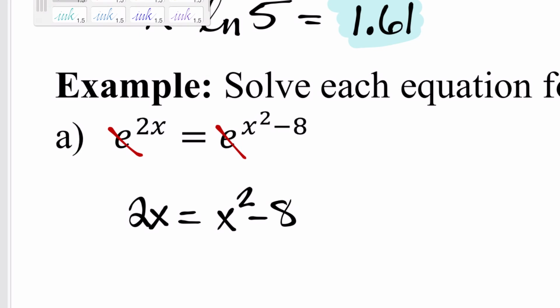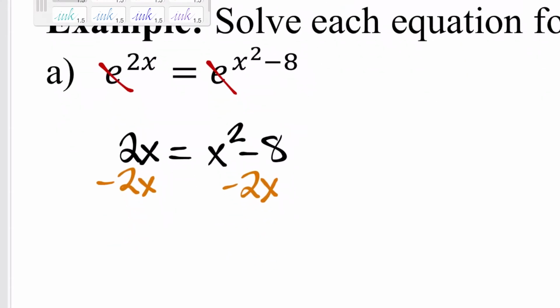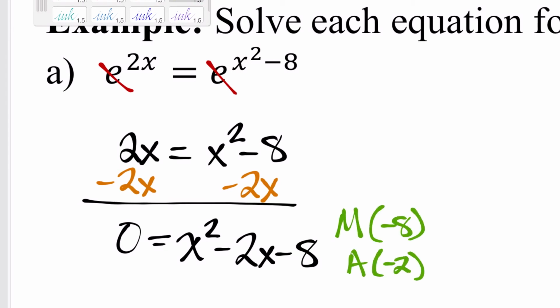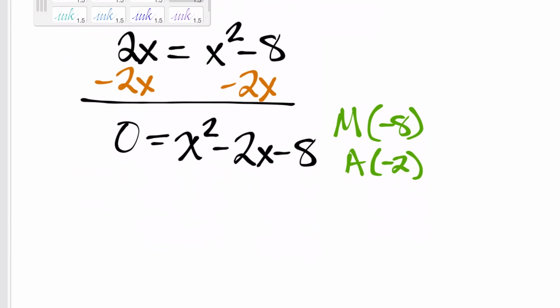My e's are virtually useless at this point in time. And I see I have an x squared, which means I'm likely going to have to do some factoring. So I'm going to move my 2x to the other side to get this equal to 0, and I want to make sure that my x squared stays positive. Now that I have a trinomial, I'm going to use my m and a in order to factor. Numbers that multiply to give me -8 and add to give me -2 are -4 and +2, which means my factors are x minus 4 and x plus 2.